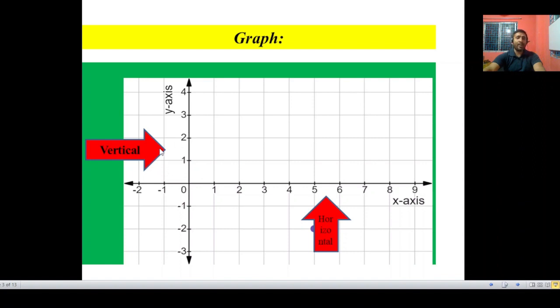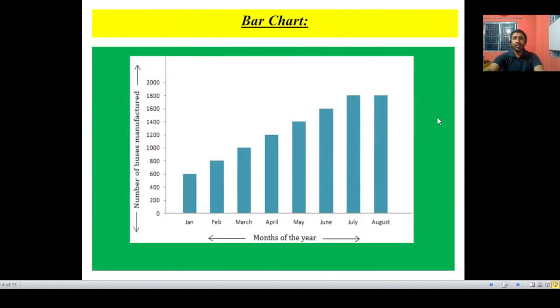That means vertically the y-axis and horizontally the x-axis. In a graph, we can find two axes. One is the y-axis and another is the x-axis, and the y-axis shows the vertical option, and the x-axis shows the horizontal option.